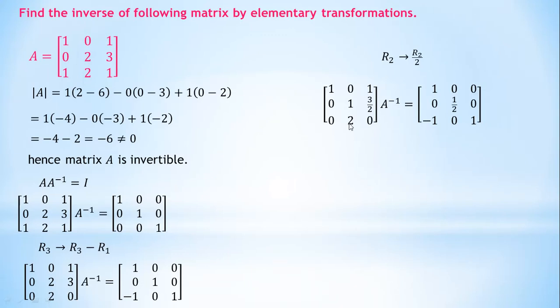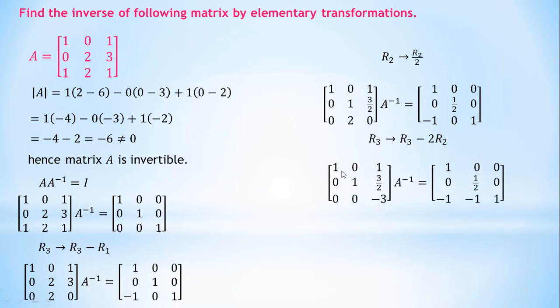If you subtract row number 2 multiplied by 2, that is 2 minus 2, you will get 0 here. So see the procedure here: R3 changes to R3 minus 2 times R2. This is the proper transformation to convert this element to 0.